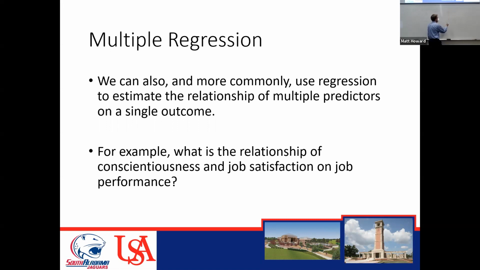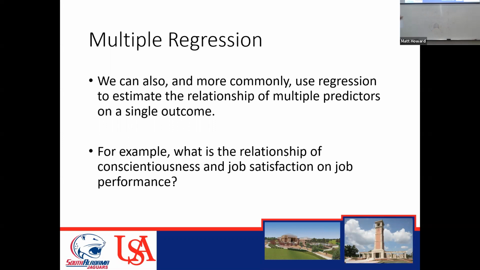Typically we notate this as x of 1, x of 2, x of 3, for example, all the way to infinity if we wanted to, and all of them predicting y. So once again, regression is a predictor or multiple predictors predicting an outcome. We might have x of 1, x of 2, and x of 3, all predicting y.